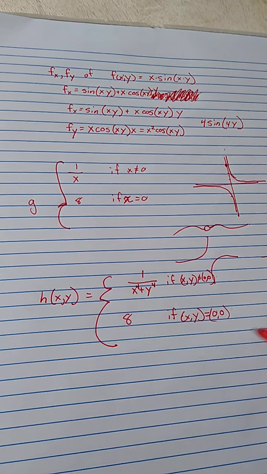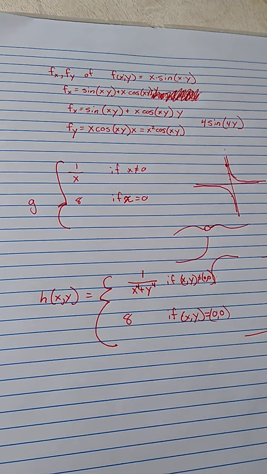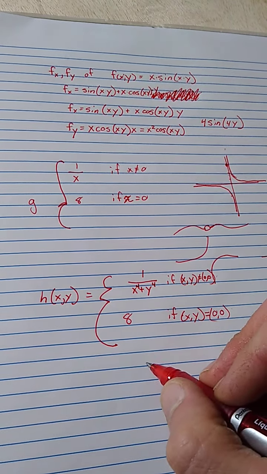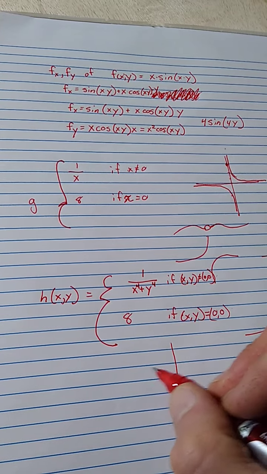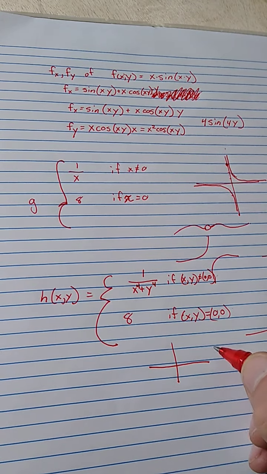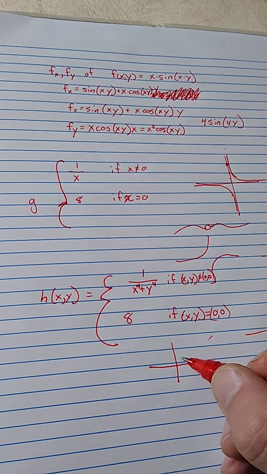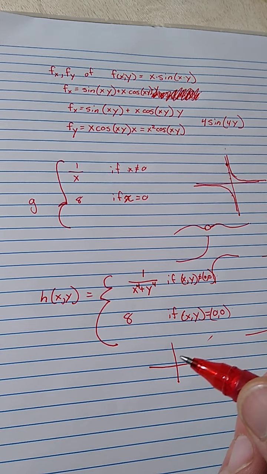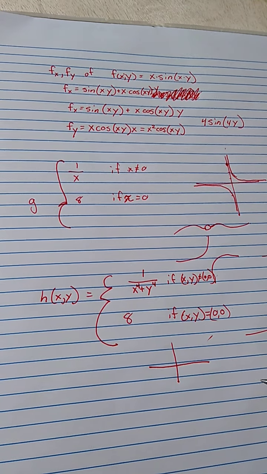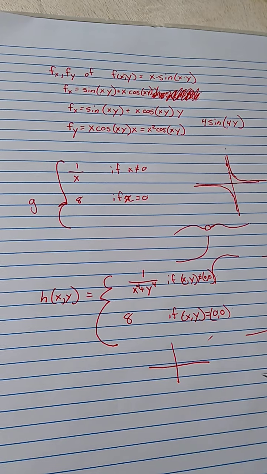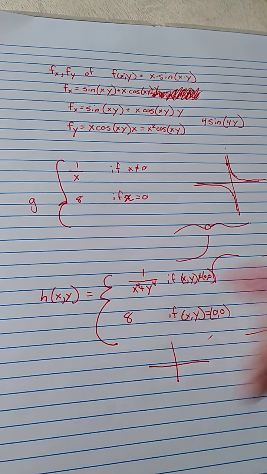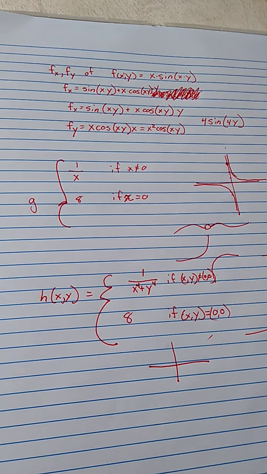So I get a function where as I get closer and closer, it blows up and becomes more and more infinite. But then right at 0, somehow it's 8. So I'd have to pick my pencil up.